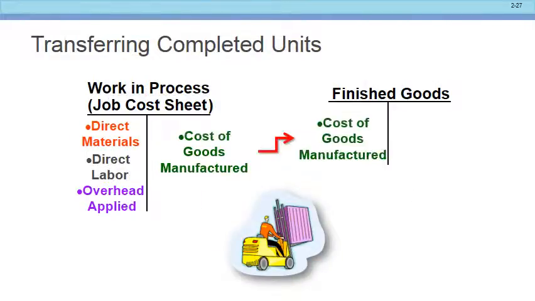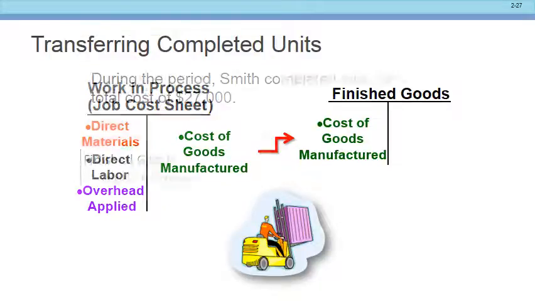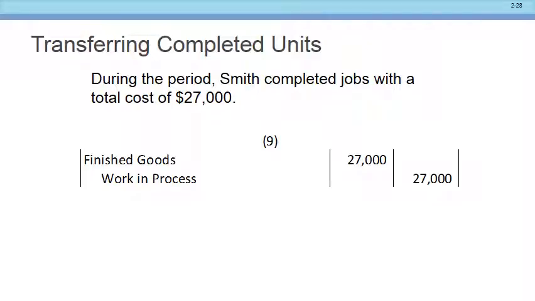Okay, good. Now we come over, and as we finish those goods, we will take them out of our work in progress and put them into finished goods. So we will debit finished goods because now we are done with those. We will credit work in progress to take them out of work in progress, into finished goods, right? So now those costs have gone out of work in progress, and you see the journal entry for that.